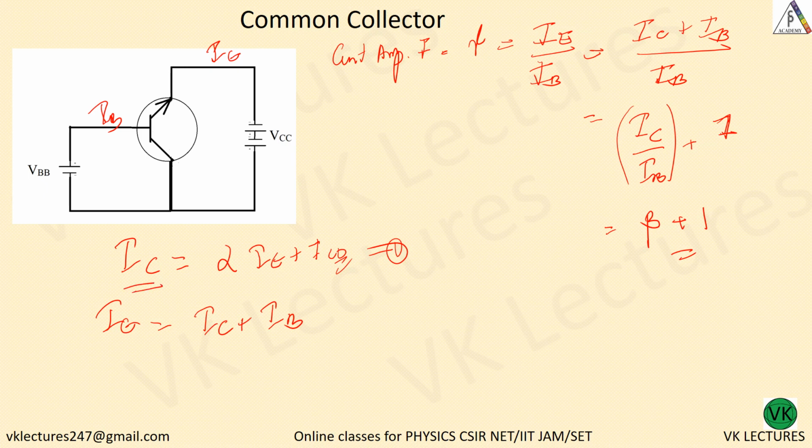So IC means alpha into IE. Bring this to the other side: IE minus alpha IE. So (1 minus alpha) into IE is nothing but IB.